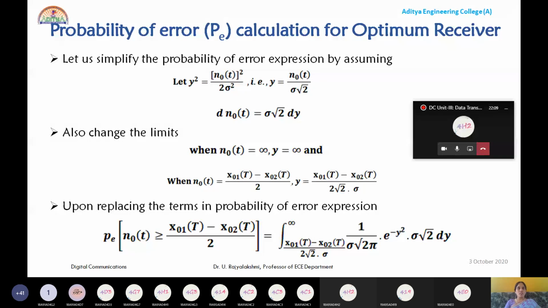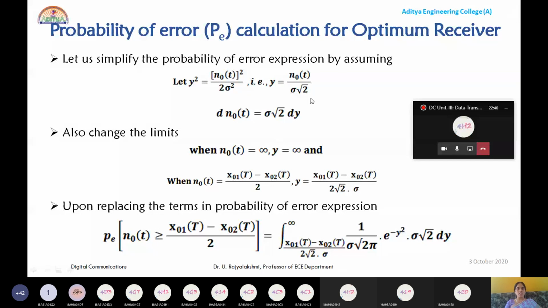Whenever n naught of t, the lower limit, is equal to x01 of t minus x02 of t divided by 2, then y will be x01 of t minus x02 of t divided by 2 root 2 sigma.